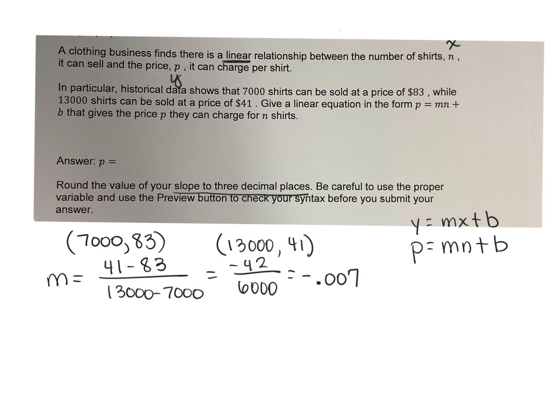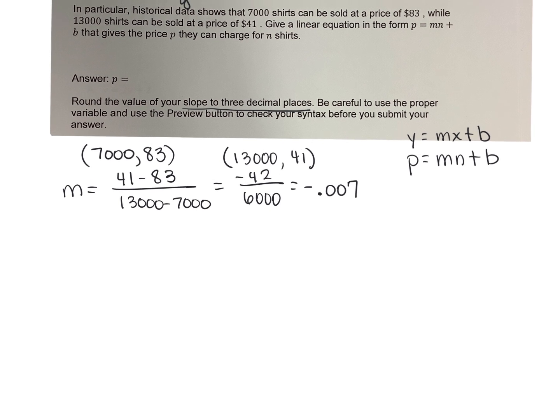And then we need to go back and find a y-intercept. So we have P is equal to a slope of negative 0.007 N, and then plus B. So we're trying to find B. We're going to use one of those two ordered pair points, and it doesn't matter which one you use. So I'm going to use the 7,000, 83.